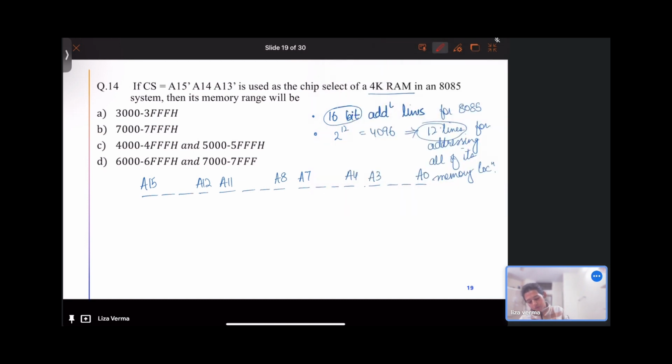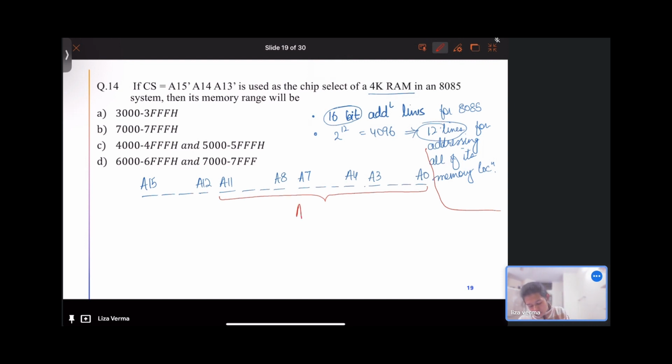So if these are the 16 address lines of 8085, these 12 will be used for the addressing of the memory locations of the 4K RAM, right?